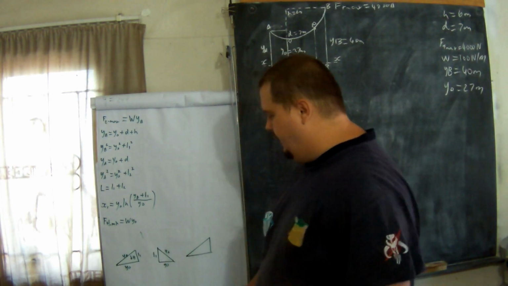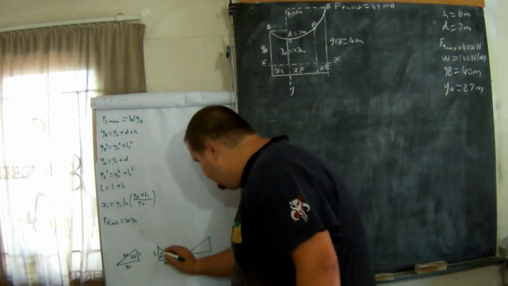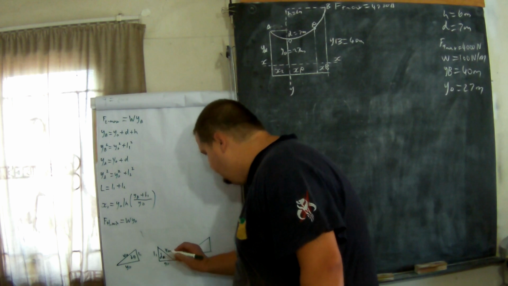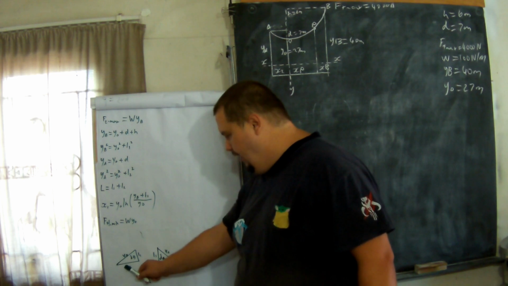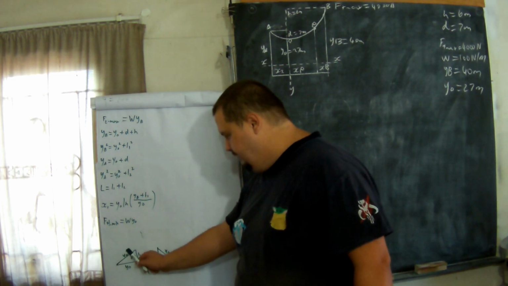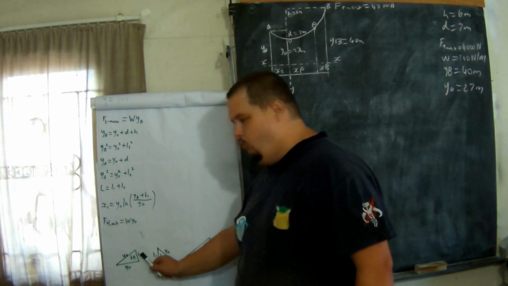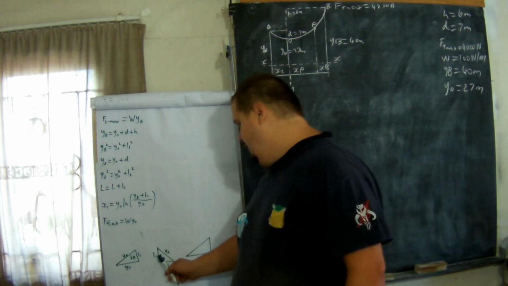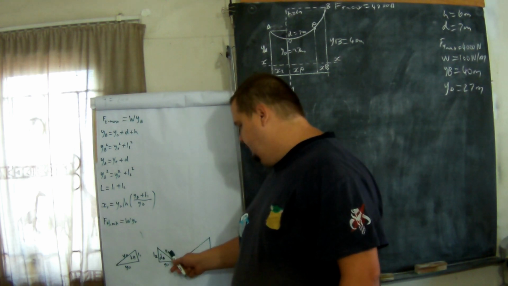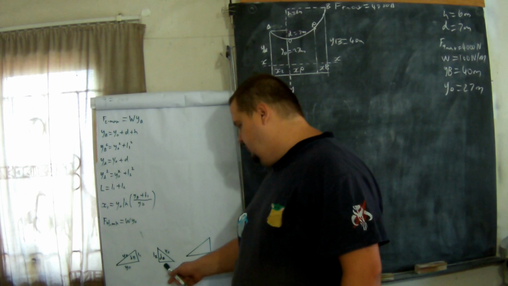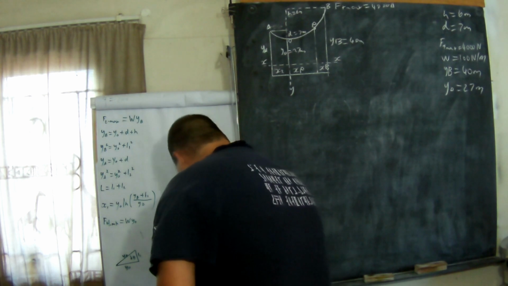Now these triangles are to help you get your next round of formulas. YB squared is equal to YO squared plus L1 squared. YA squared is equal to YO squared plus L2 squared.